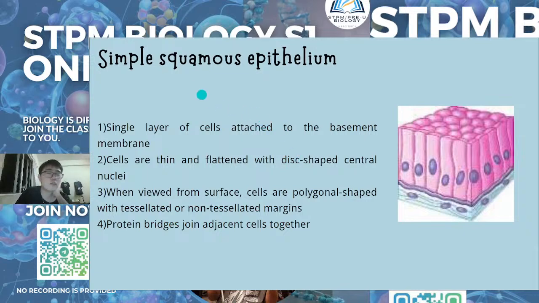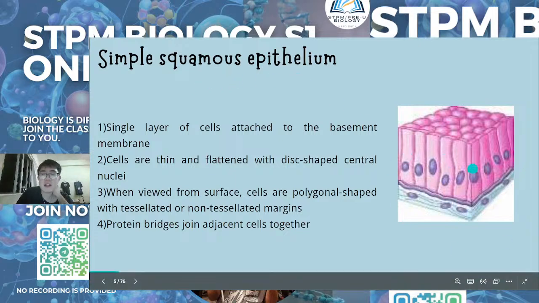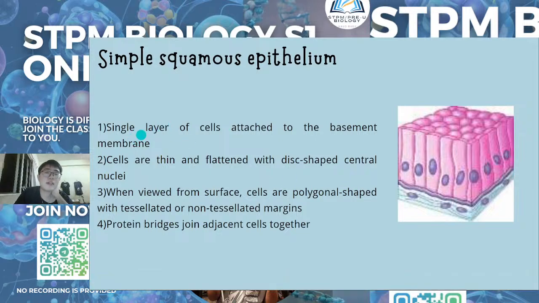We will continue to the first one, simple squamous epithelium. This is one of the structures, and it is only a single layer. Simple means only one layer, while stratified has more than one layer. It is a single layer of cells attached to the basement membrane.